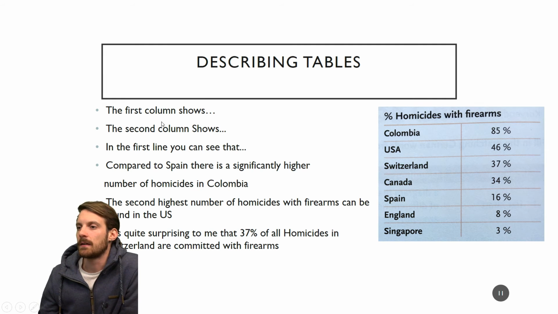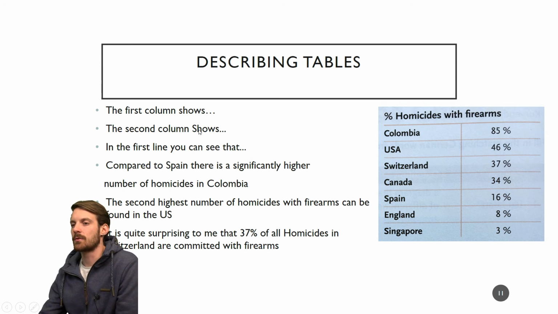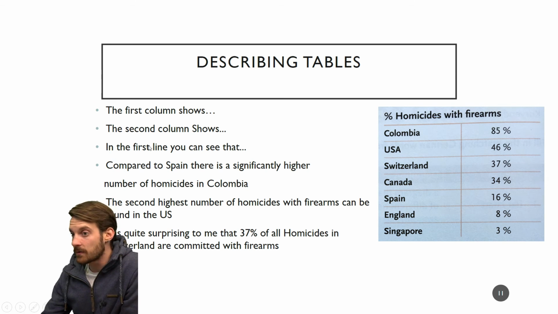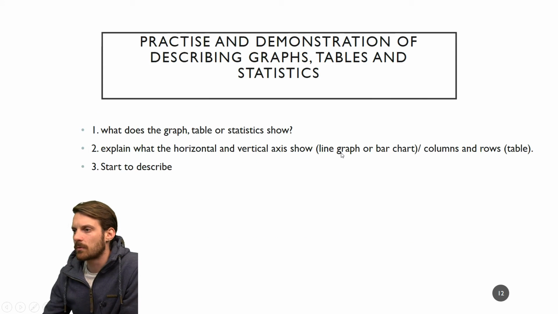In this case, the first column shows the countries and the second column shows the percentage of homicides with firearms. So the first column shows, the second column shows. In the first line you can see that Colombia has almost double.